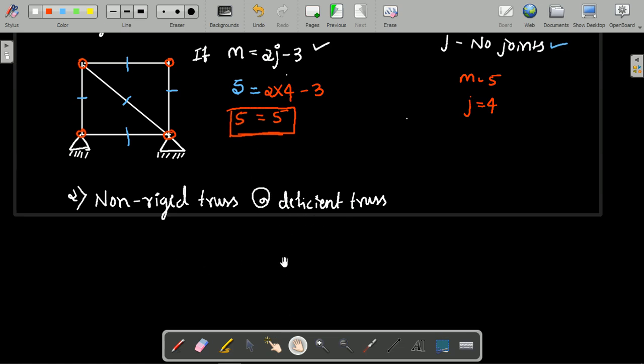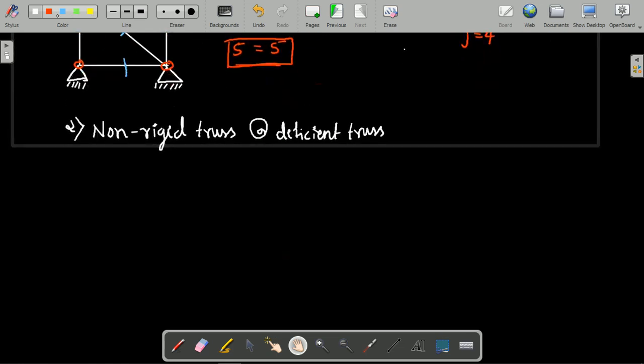Deficient means that the number of members present in the truss is insufficient to carry the load, or the deflection is more, so that type of truss we consider as the non-rigid truss or deficient truss.